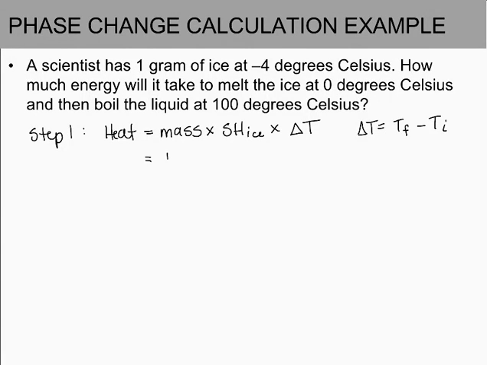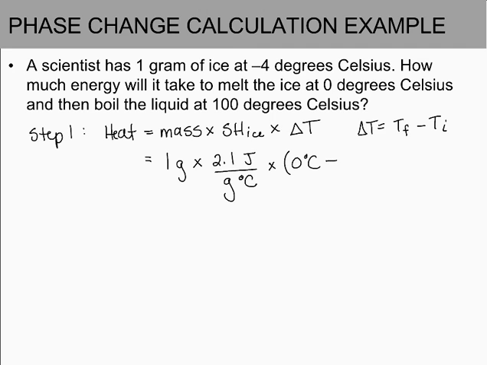All right, so we have 1 gram of ice, and the specific heat of ice is 2.1 joules per gram degrees Celsius. And then the change in temperature is T final minus T initial. The final temperature here is going to be the melting point, so that's 0 degrees Celsius. And the initial temperature, we were told, is -4.